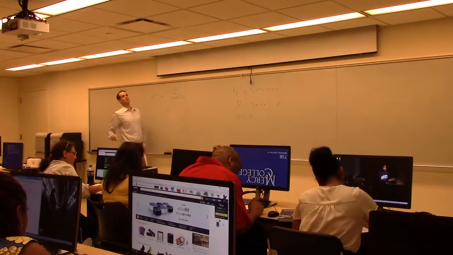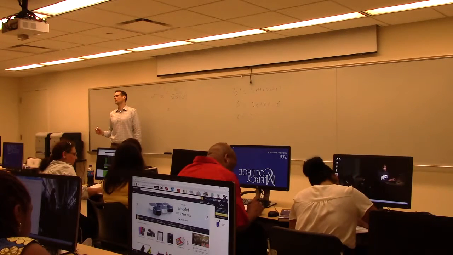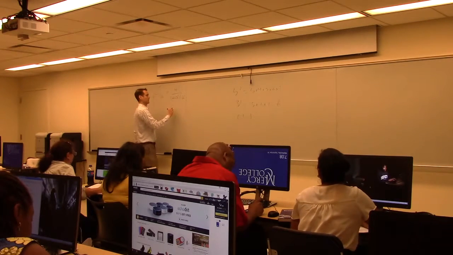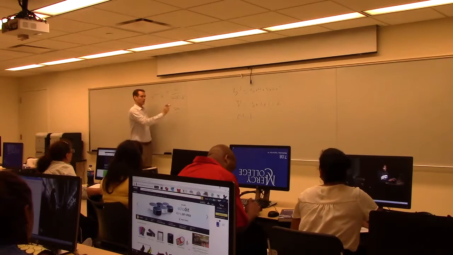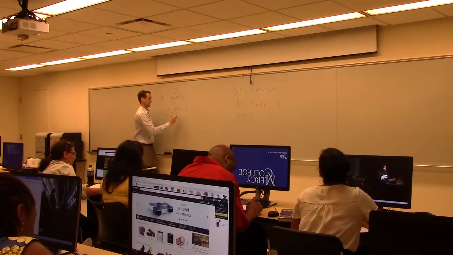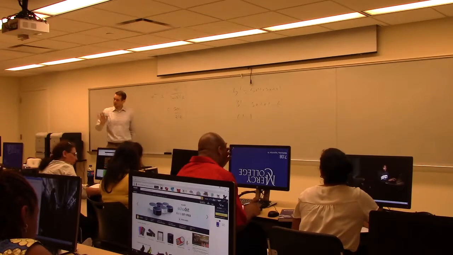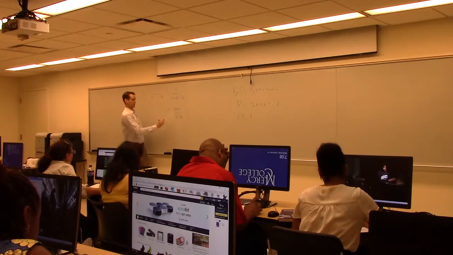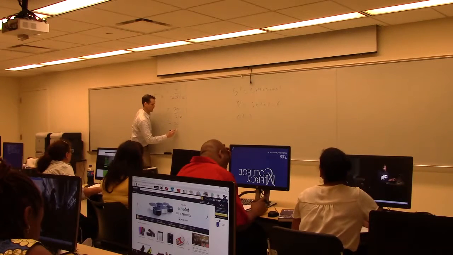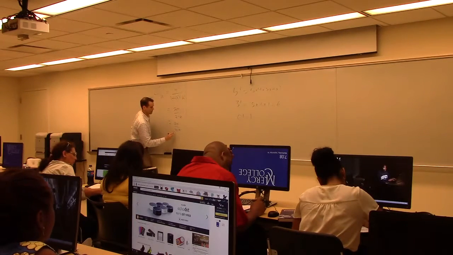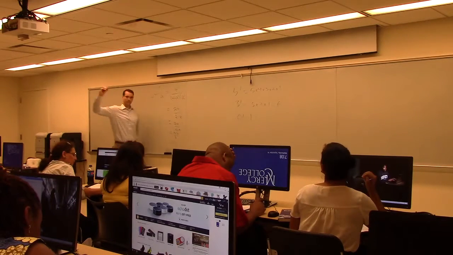All right, 4 factorial is going to be 4 times 3 times 2 times 1, which is 24. 4 minus 2 is 2, so we've got 2 factorial times 2 factorial. These are each 2 times 1, which is 2. So we've got 24 over 2 times 2, which equals 24 over 4 equals 6.